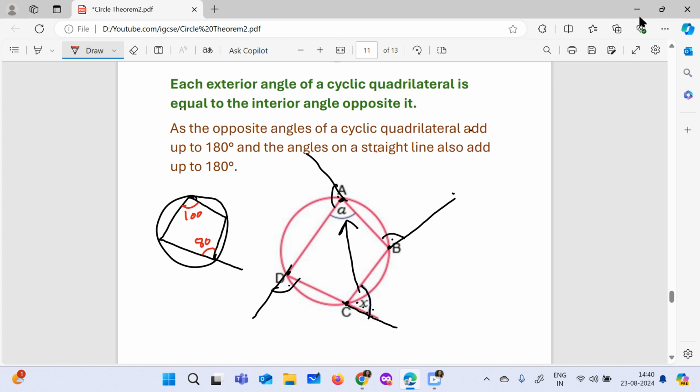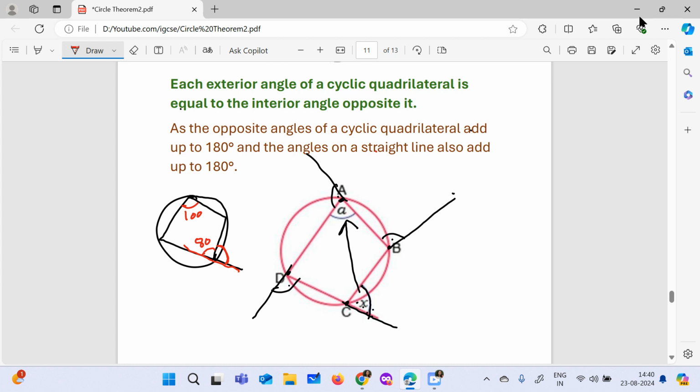Okay, by following the cyclic quadrilateral rule, that the sum of the opposite angles is 180 degrees, if this one is 100, this is 80 degrees. Now, can you tell me what will be the measure of this by following the linear pair rule? Sum of the angles on a linear pair. See, you can see there is a line here, right? And on the line you have one angle as 80 degrees. So what will be the measure of the other angle?